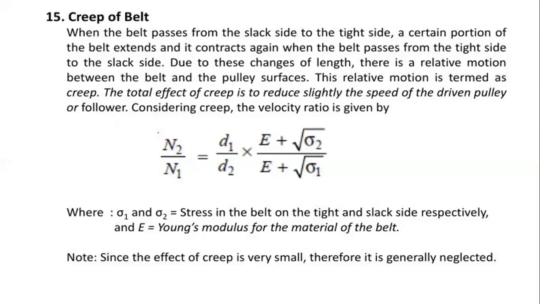It contracts again when the belt passes from the tight side to the slack side.